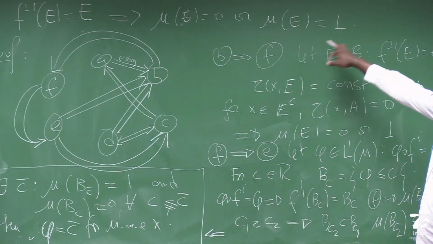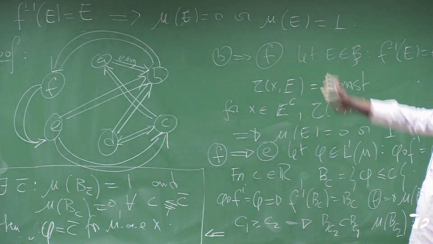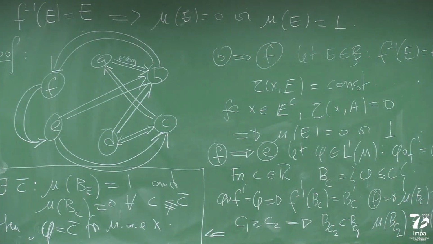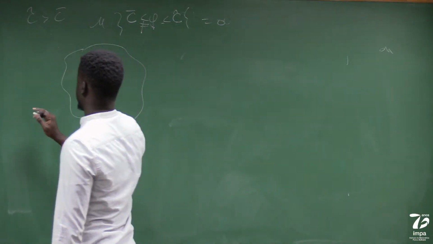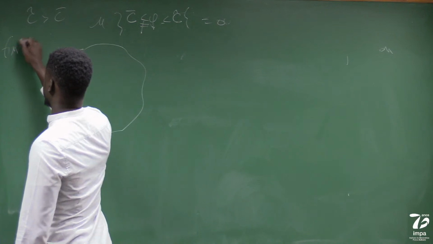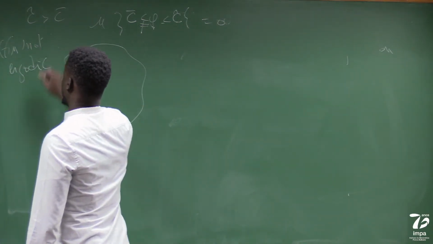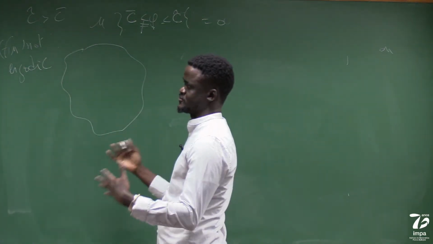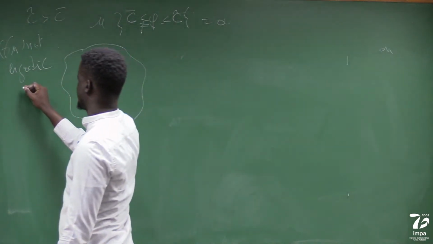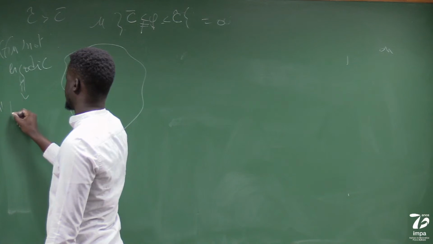Think of this as your definition. And this is just saying that if you have your space and mu is not ergodic, then you can decompose your space. So this is saying decomposition.